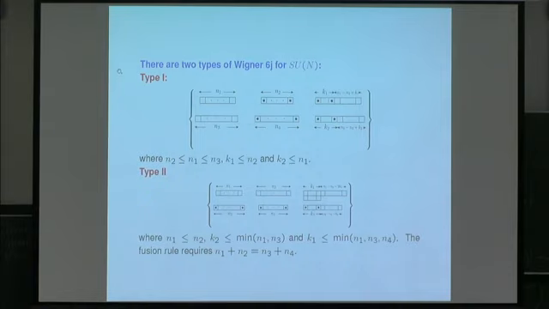So just to give you a flavor, the box with the hard dot means it's an antisymmetric. This is the diagram.